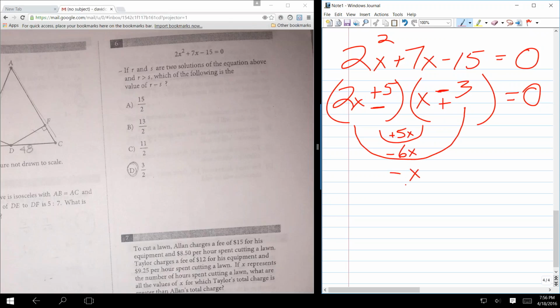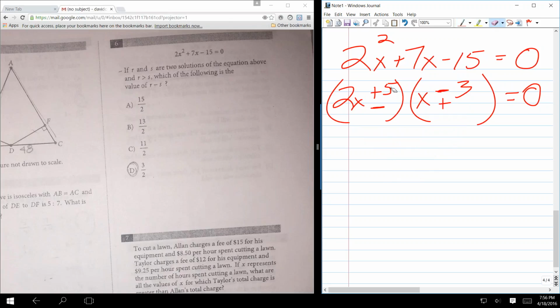That gives you minus x as a middle term. That not only is the wrong sign, but it's the wrong number. If I were to move the 5 down to the negative sign and the 3 down to the positive sign, all I would produce is a positive x. So I know that's not the solution.